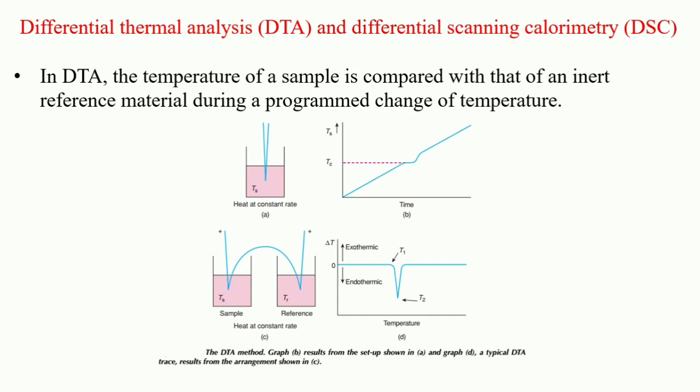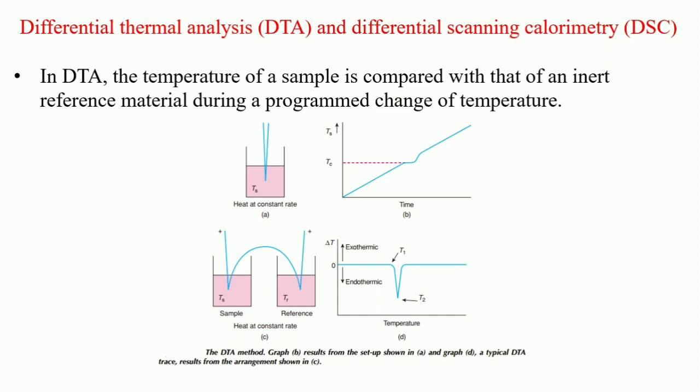The reason for having both a sample and a reference is shown in this picture. For example, in diagram A, a sample is heated at a constant rate. Its temperature Ts, monitored with a thermocouple, varies linearly with time, B, until an endothermic event occurs, melting at temperature Tc.